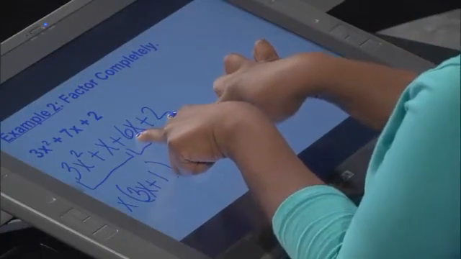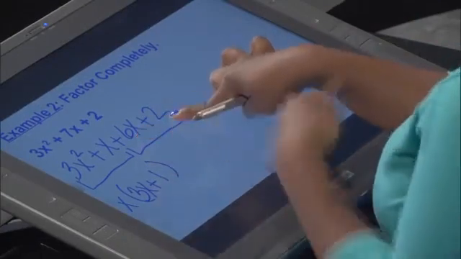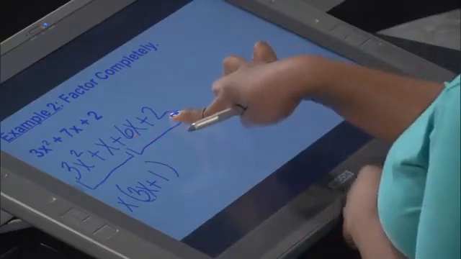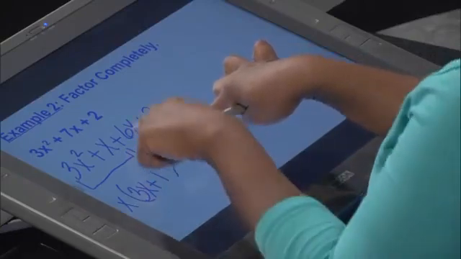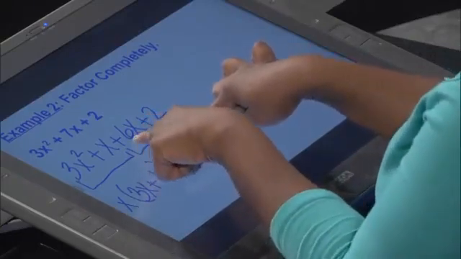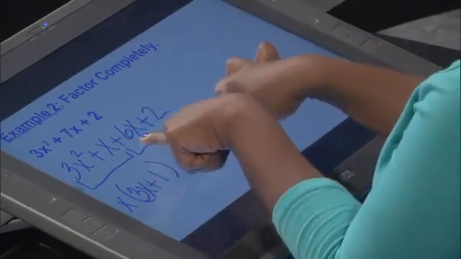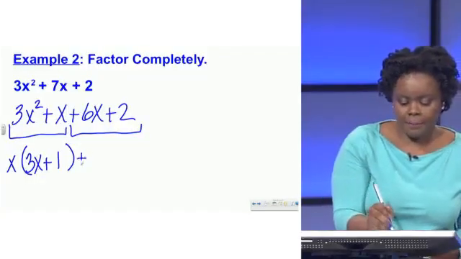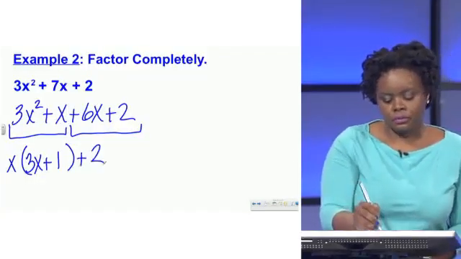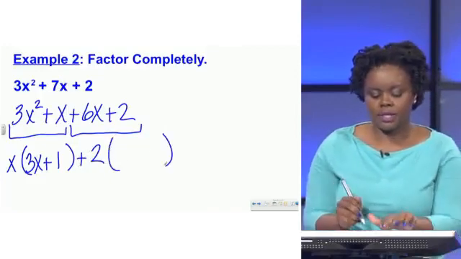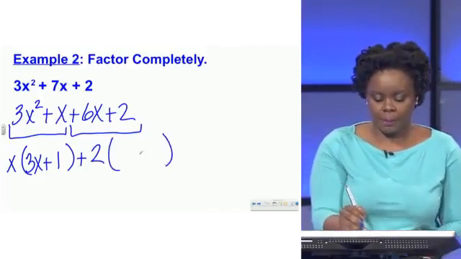As far as 6 and 2 go, well, 2 is prime, so the only factors for 2 are 1 and 2. And 2 is also a factor of 6. So between these two terms, my greatest common factor is going to be 2. So I'm going to write plus 2. Go ahead and open my parentheses. I know that I'm going to have a plus sign in between.